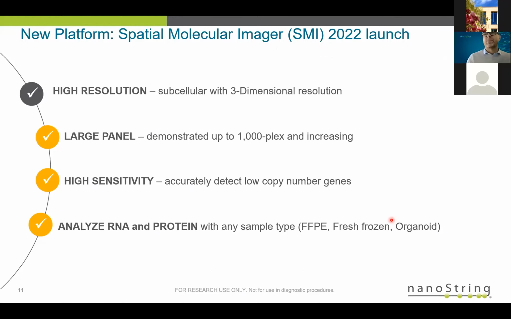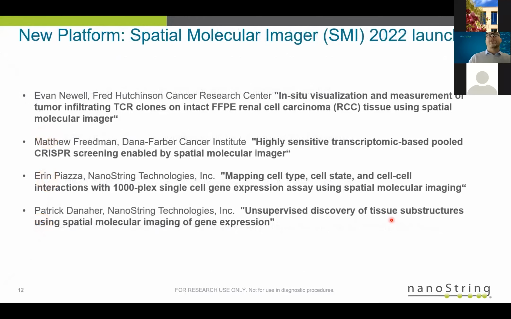And then FFPE, fresh frozen, and organoids. We've got some really interesting posters out now. We had a really good launch of this at, I think it was AGBT earlier this year. A couple of those are out of the Fred Hutch and some really interesting CRISPR work being done at the Dana-Farber Cancer Institute, and a couple that we did showing the 1,000 plexing capabilities.